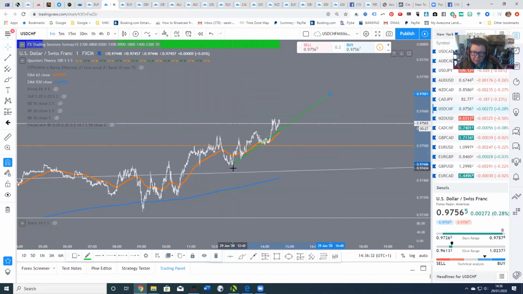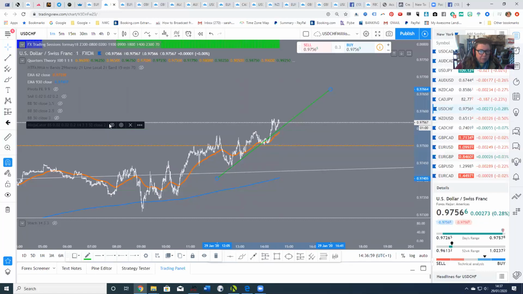There we are. That's there. Something like that. So it has broken and retested, and it's respecting the 62, and it's still coming up. So let's put the candles on.